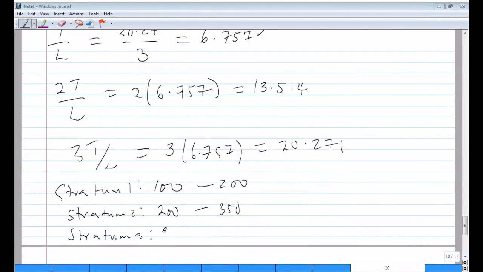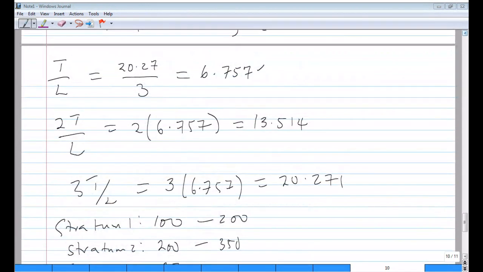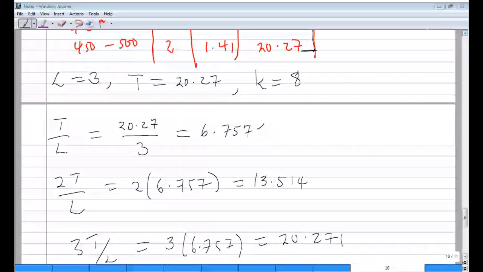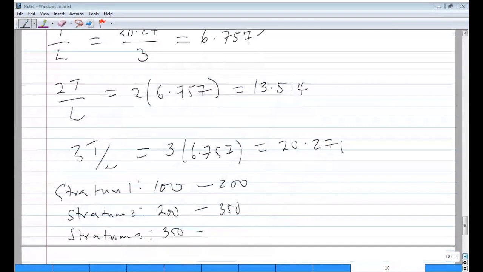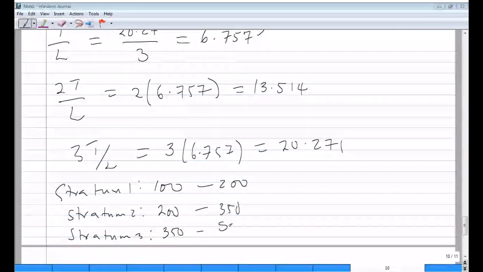Then the last one, obviously, is going to start from 350 to, I think it's the last one, yes, to 500. So this is how you construct the strata. I think you can stop here. I didn't even give you the break. So let's stop here and continue from here tomorrow.